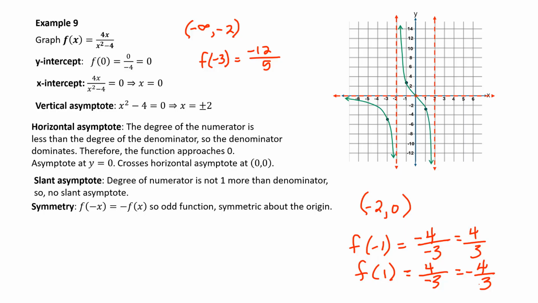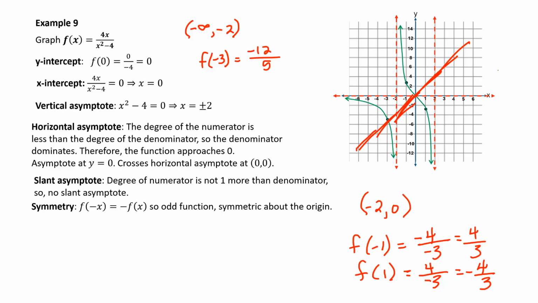Now on the right side of 2, from 2 to infinity on our x-axis, we just have to find out, is it above or below the x-axis? And we know it's going to be above because we found out that it is symmetric about the origin, which means that there's going to be another curve like the one on the lower left up there on the upper right that looks just like it.